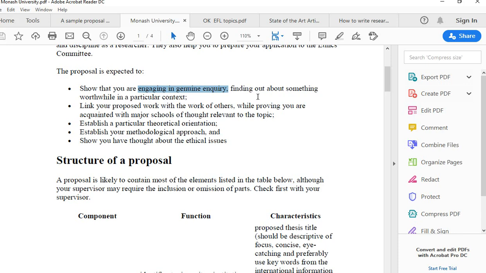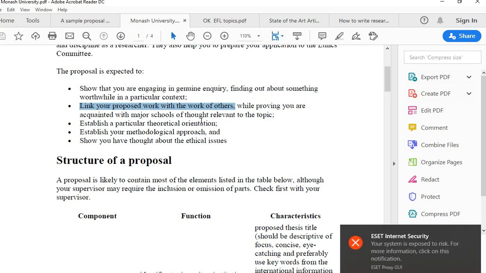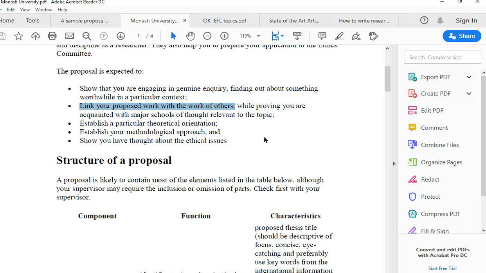You have to show the faculty members of your university that this research is worthwhile and valuable to do. Link your proposed work with the work of others, bringing other people's related topics, researches, while proving you are acquainted with the major schools of thought relevant to the topic.